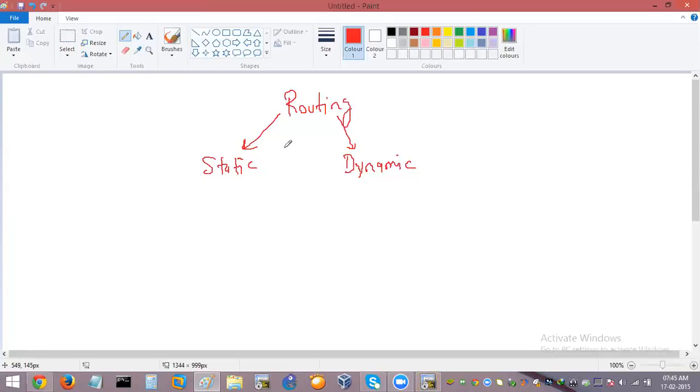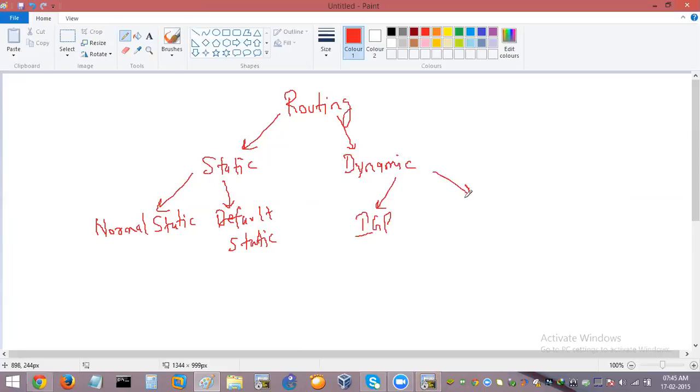In dynamic routing, we use routing protocols, and in static we use manual routing. Static can be the normal static or the default static. In dynamic protocols, we have either IGPs or EGPs.